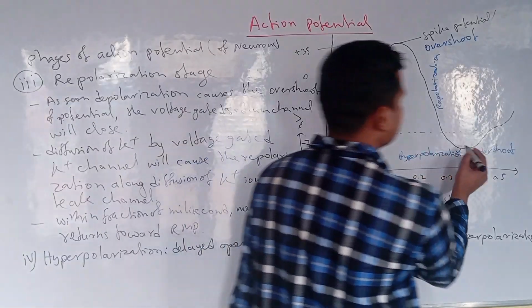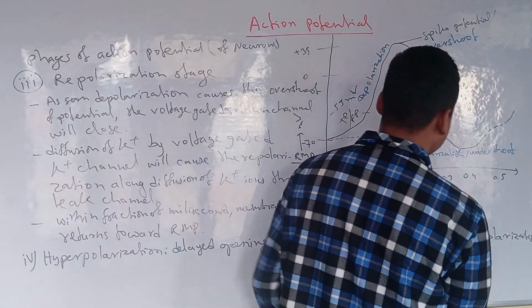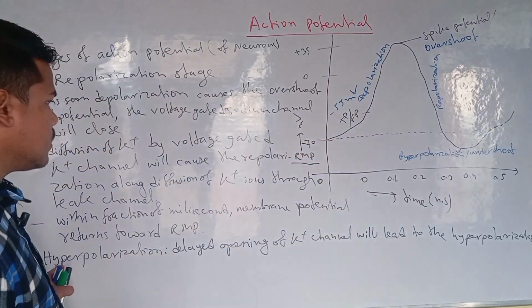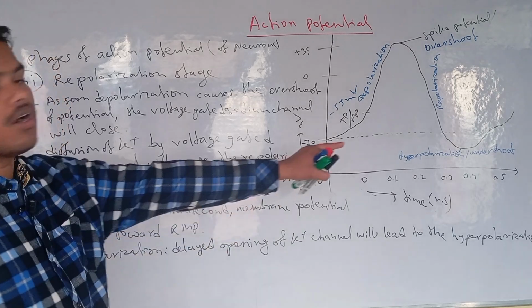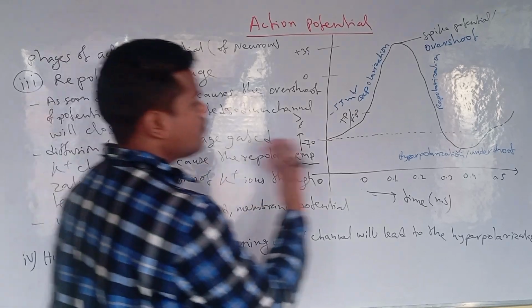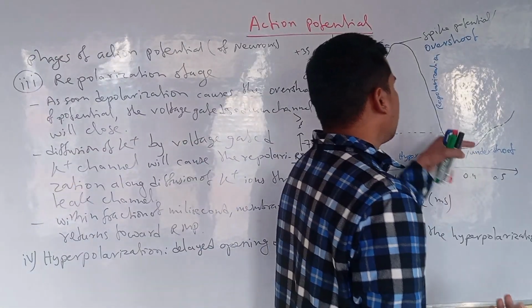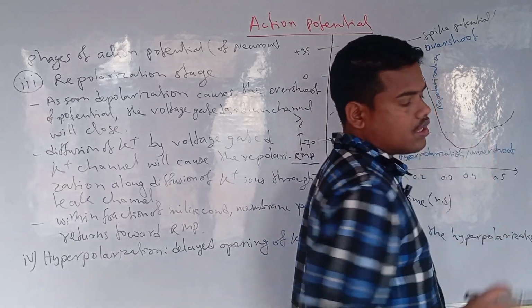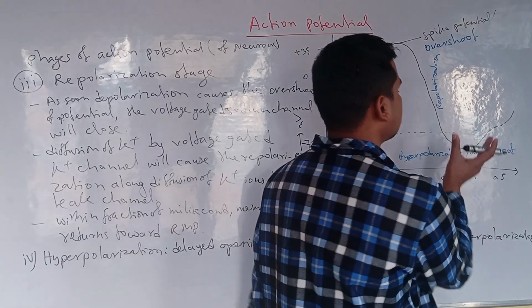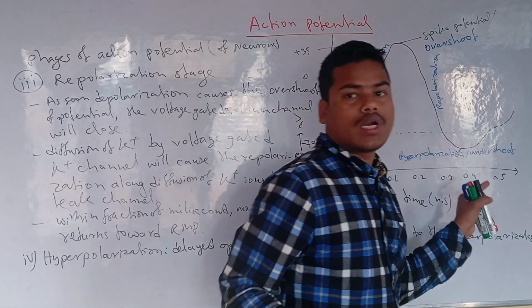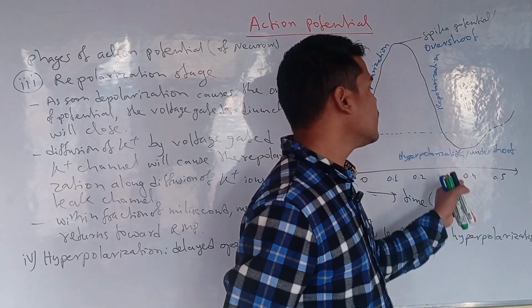You can see here, this is the depolarization, and this is also called the undershoot. Then after a few milliseconds, the potassium channels will close and diffusion of potassium will stop, and hyperpolarization will be prevented.